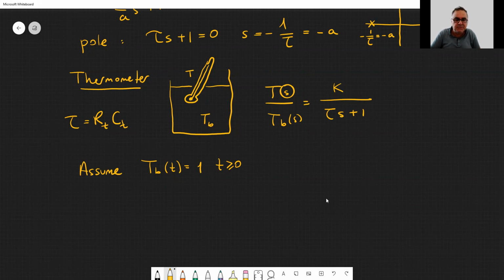So the bath temperature is 1. It can be 30 or 50 or whatever, but let's have it 1, so that TB of S, the bath temperature in Laplace transform, is 1 over S. So the thermometer is suddenly inserted into the bath, and its own temperature is 0, let's say.